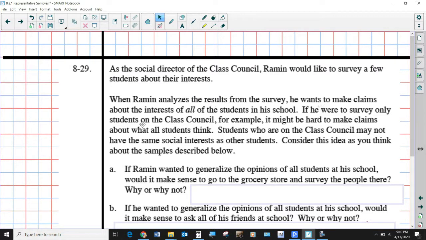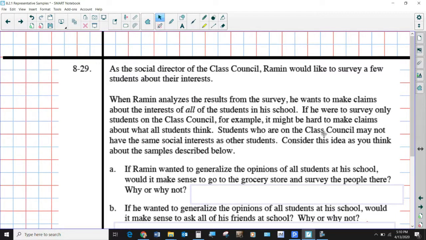If he were to survey only students at class council, for example, it might be hard to make claims about what all students think. Not every student at school is interested in being a part of class council. So students who are on the class council may not have the same social interests as some of the other students. These are the people that are more interested in working to make the school a better place.